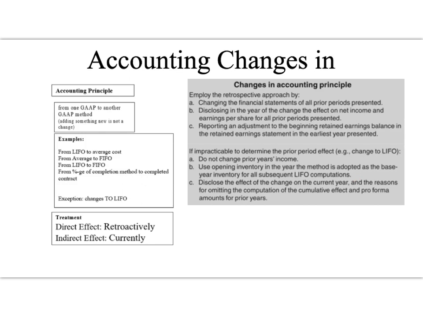Disclose the effect of the change in the current year and the reasons for omitting the computation of your cumulative effect and pro forma amounts for prior years. So basically, you will have to go currently and on. You will not be able to restate prior years. It will just all take effect in the current year, and then you will be moving forward.